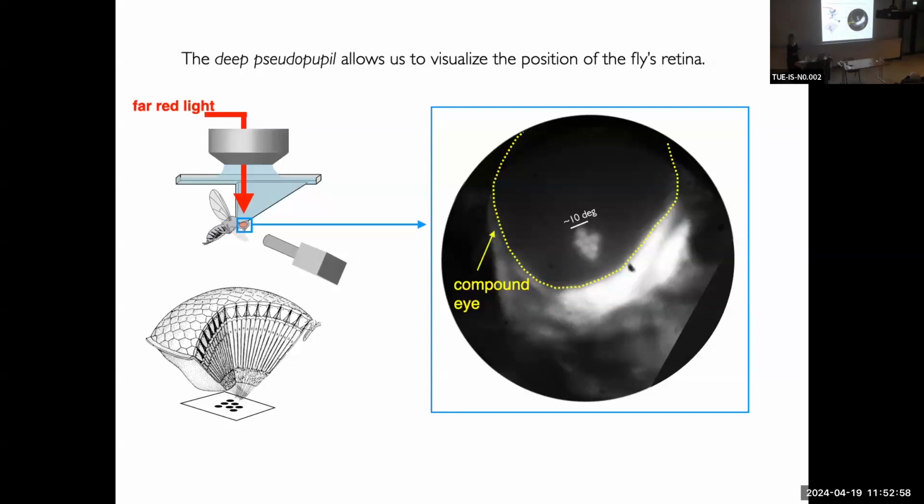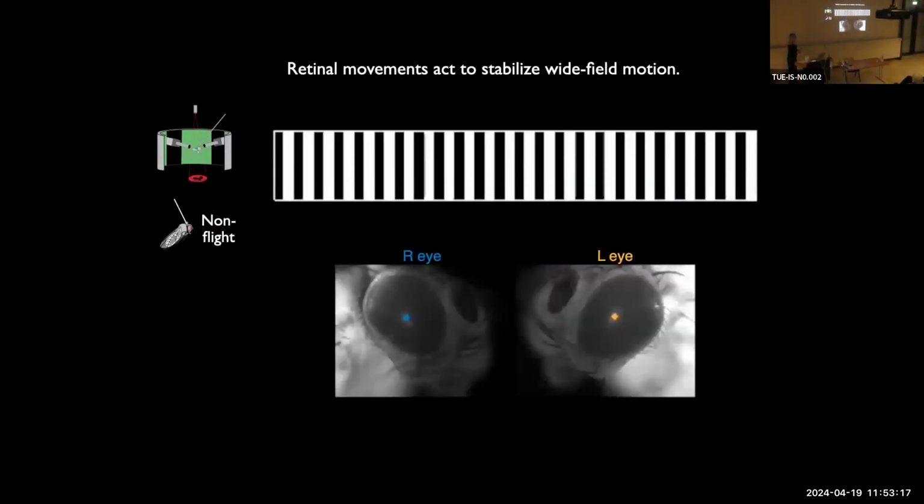And the thought is that if the head is rigidly tethered and does not move, but this pseudopupil moves around, it tells us that the photoreceptors themselves have moved. And because we know the spacing of the photoreceptors, we can roughly calibrate how much they have moved in angular space. And so we built this little setup where, again, we have flies on a metal rod flying.